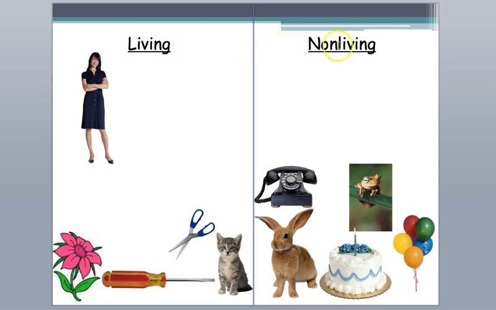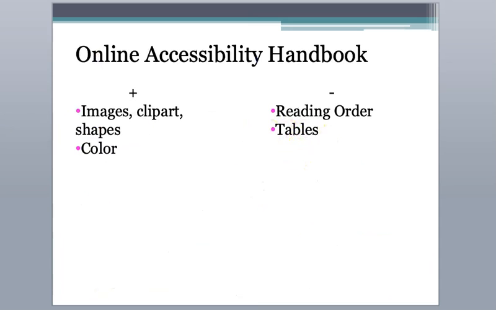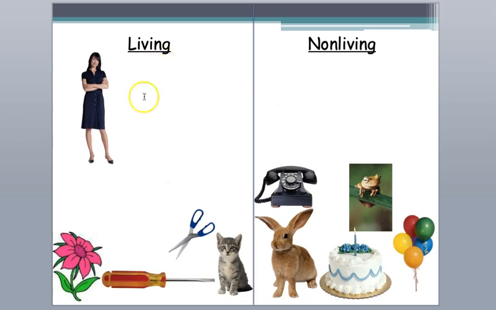They would see these words, living and non-living, and would probably be able to read them, but it might be confused, since I said tables are negative as far as knowing, okay, well, where's the separation? Since I do just have one line in the middle, but then the pictures are all jumbled there at the bottom.